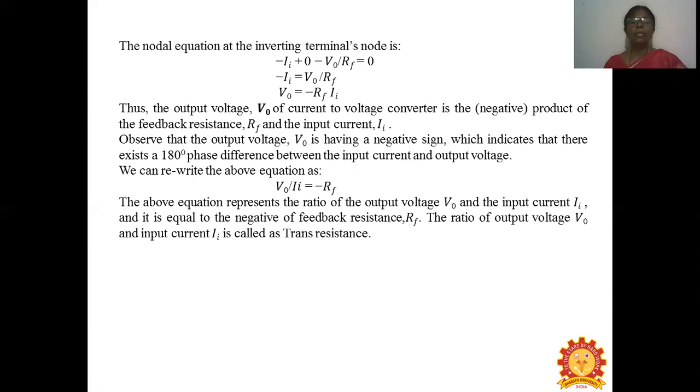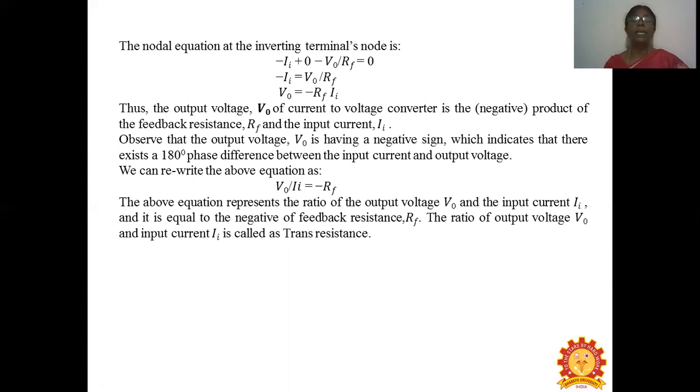That is, the output voltage has a negative sign, which indicates that the output has a 180-degree phase difference with the applied input current.